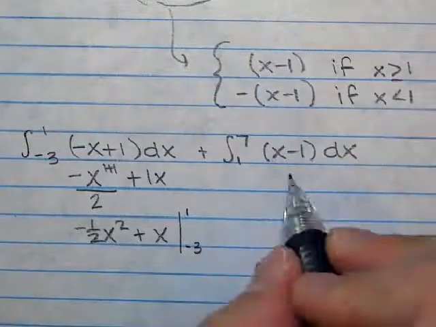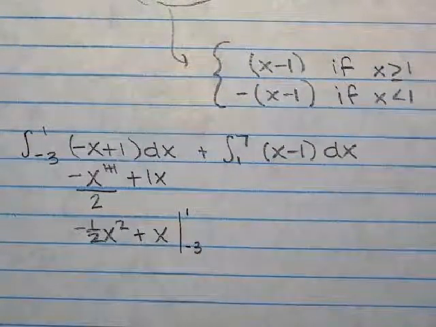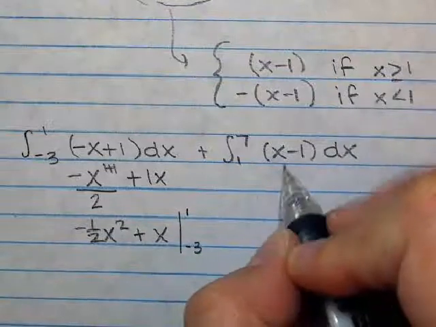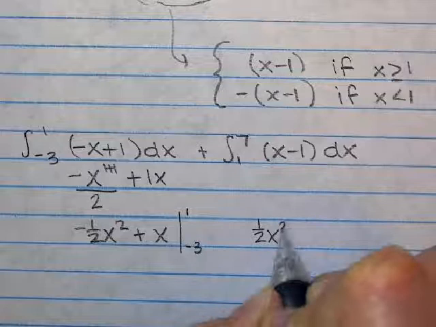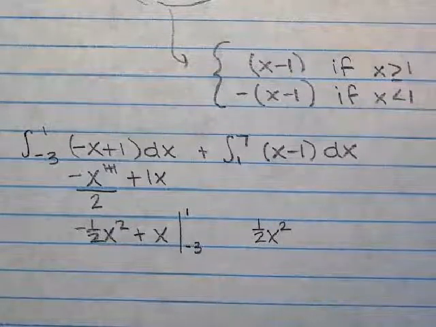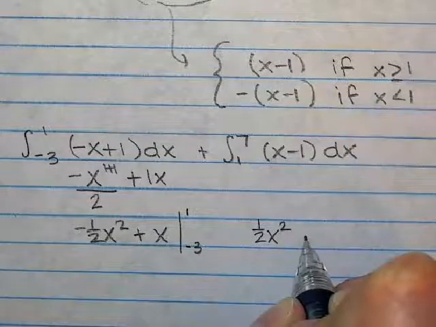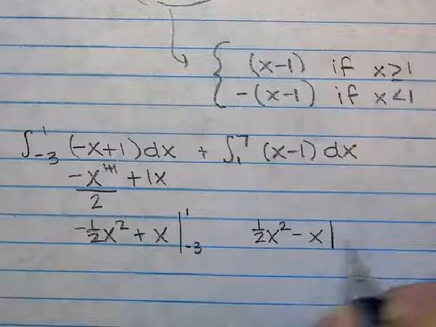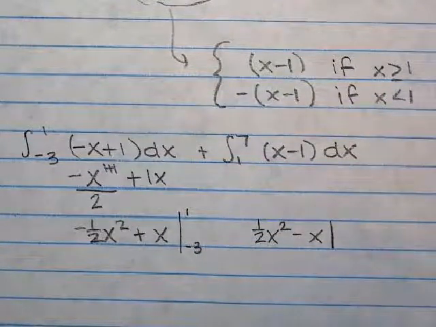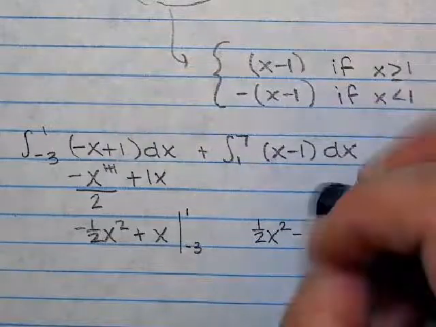Okay, let's do the other one. What do we get? And then does somebody want me to do the plus c so we can just see what happens to it? Okay.